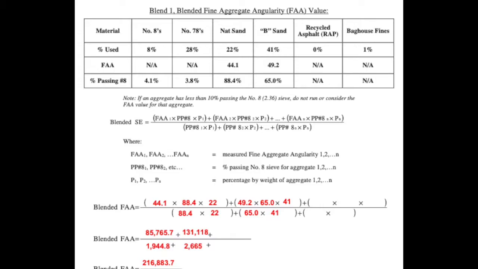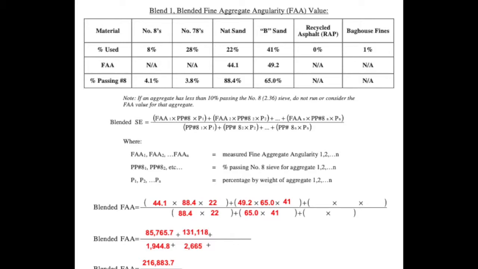Something different in this one is the percent passing the number 8 sieve. Our prior blending was concentrated on the number 4. Just wanted to point that out, that we're going to be multiplying our FAA value by the percent passing the number 8. Then we're going to multiply that by the percent of material used in this particular blend.